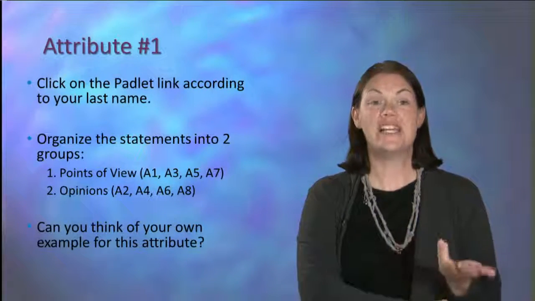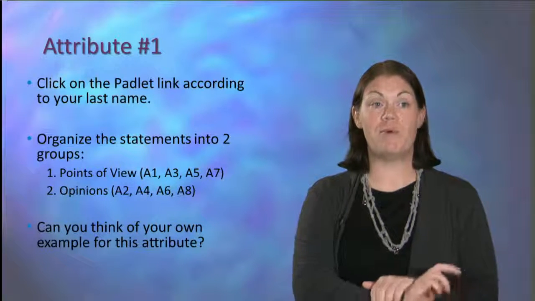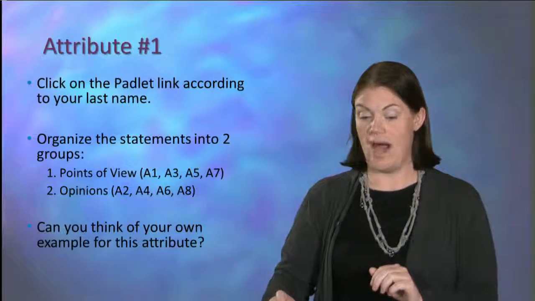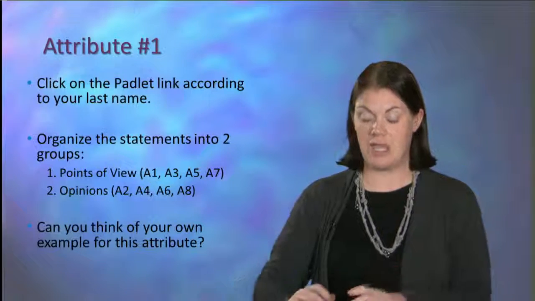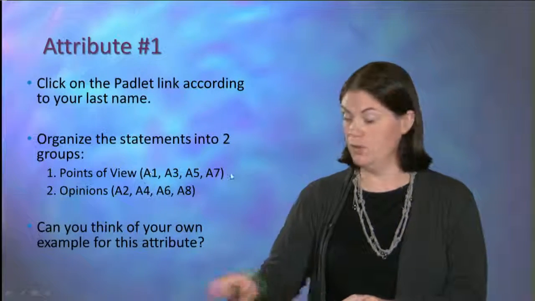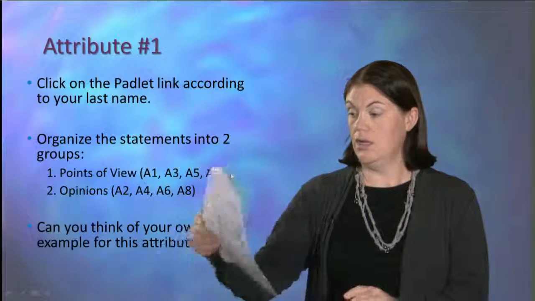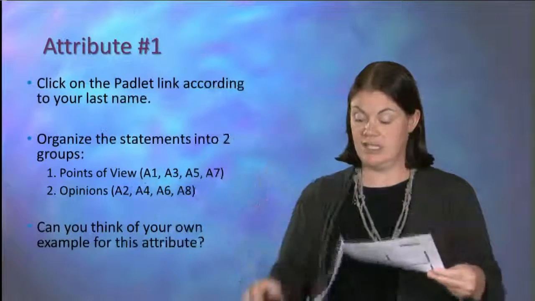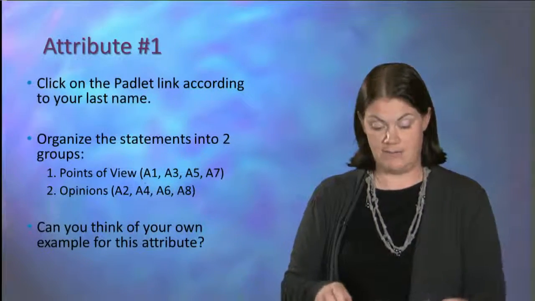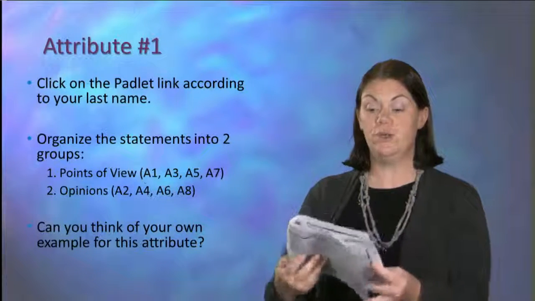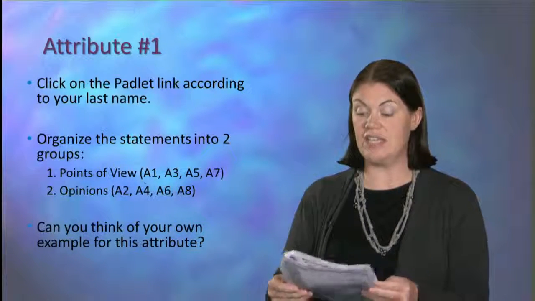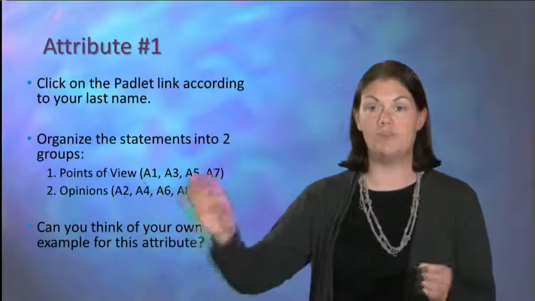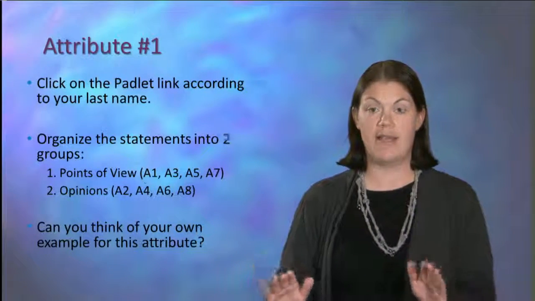So what I'd like to do is really, again, remember what attribute 1 was, right? If we head back to my trusty dusty notes here, a point of view is a way of looking at something that shapes our opinions and observations, okay?